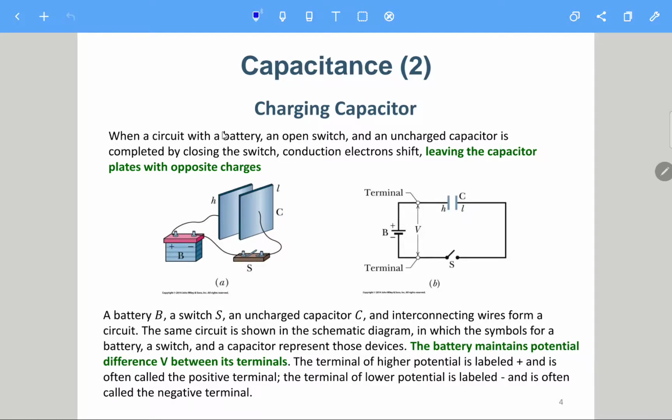So consider a circuit with a battery, an open switch, and an uncharged capacitor, completed by closing the switch. At the very beginning, this switch is open, and then it is closed at the moment, and then some charges flow, positive charge going to this side and negative charge going to the other side.